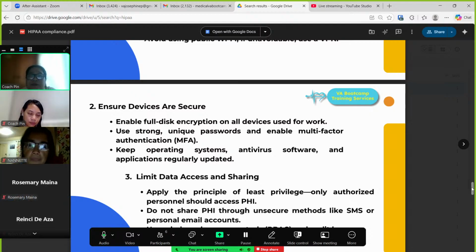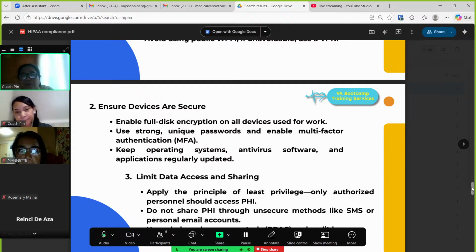And then number two, you have to ensure that devices are secure. Enable full disk encryption on all devices used for work. You have to use a strong, unique password and enable multi-factor authentication or MFA. Keep operating systems, antivirus software, and applications regularly updated. And then you also have to limit data access and sharing.